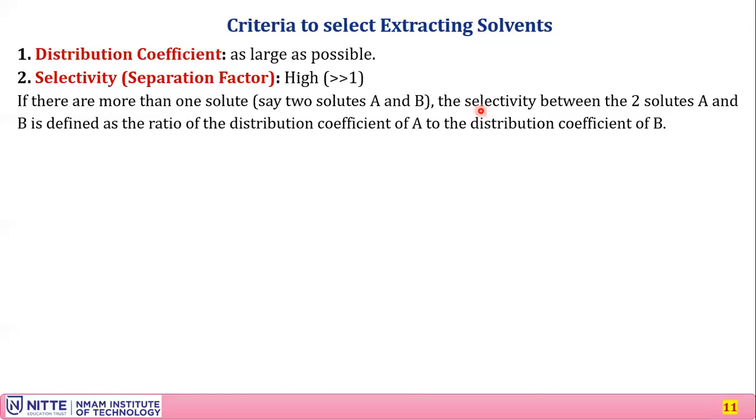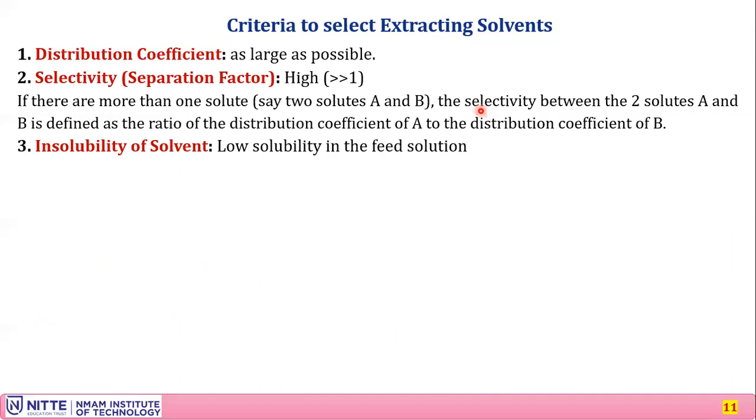How efficiently your solvent can separate A and B, or extract A against B, that you want to find out. So you find the distribution coefficient of A as well as B, take a ratio, that becomes your selectivity.